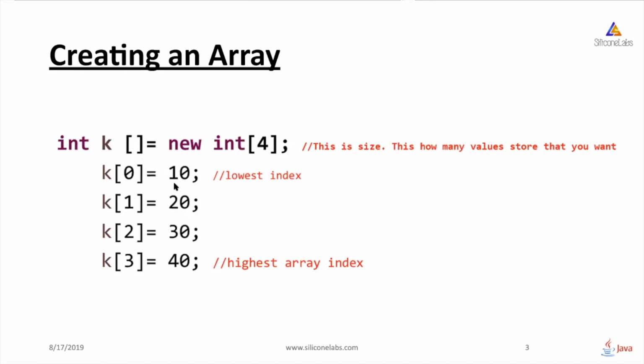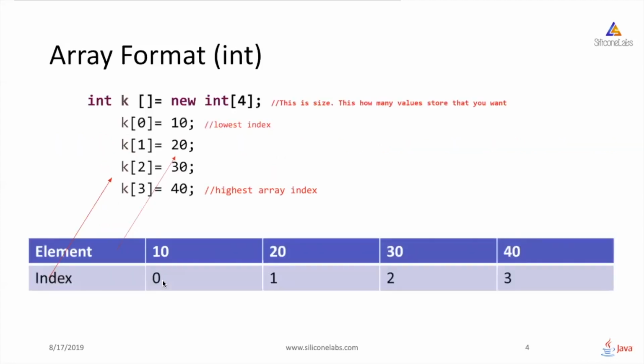k[0] is the lowest index number, because we count the index number from 0. We always start to count from 0, and this is the 0, and the index number 1 equals 20, 30 and 40. So k[3] is the highest index number. This is how my array looks in the back side of Java.